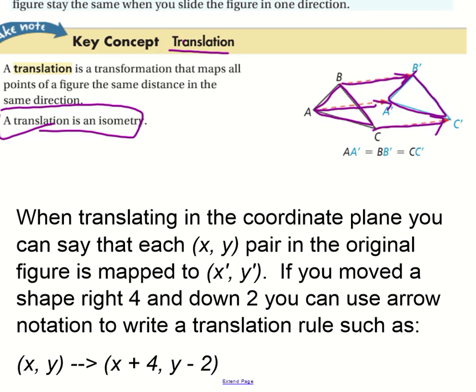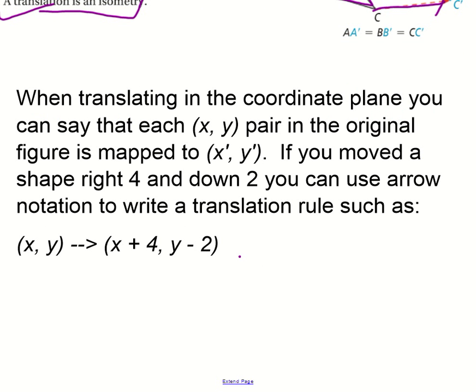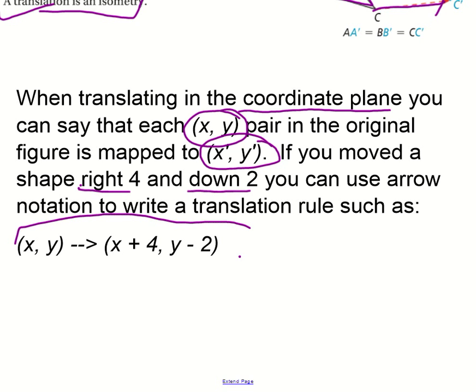Now, the big place where we see translation is in the coordinate plane. In the coordinate plane, you can say that each ordered pair is mapped to another ordered pair. So you can take x, y, and map them to x prime, y prime. If you move a shape right 4 and down 2, you use this arrow notation to notate that.